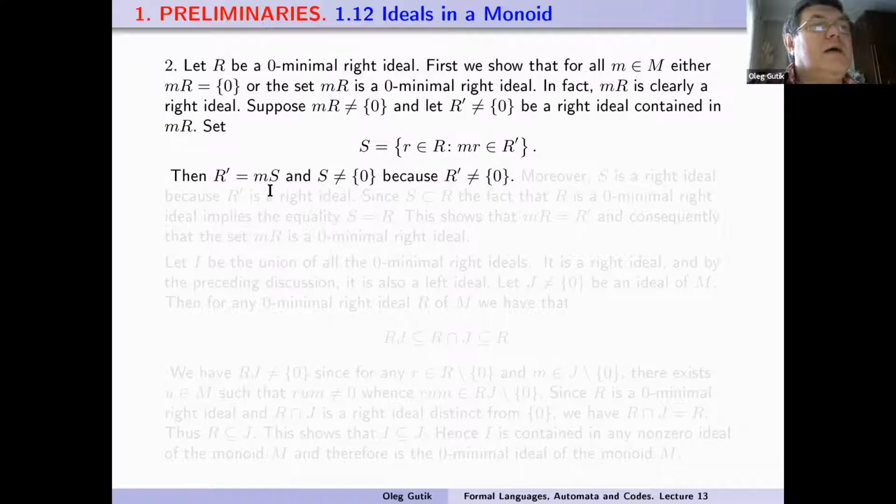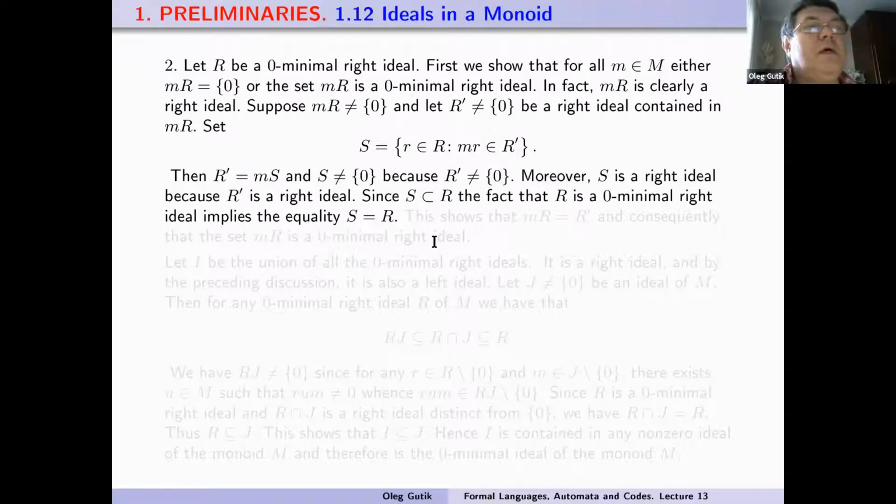Then R prime is equal to S capital, and S capital is not equal to 0 because R capital prime is not equal to 0. Moreover, S capital is a right ideal because R prime is a right ideal.